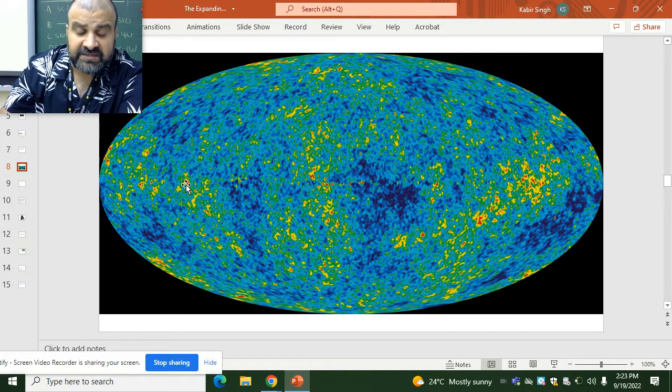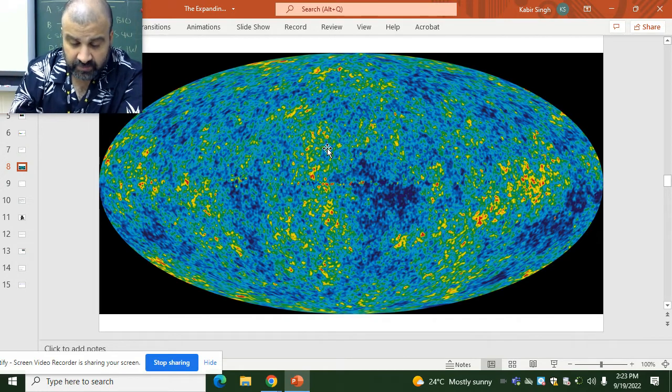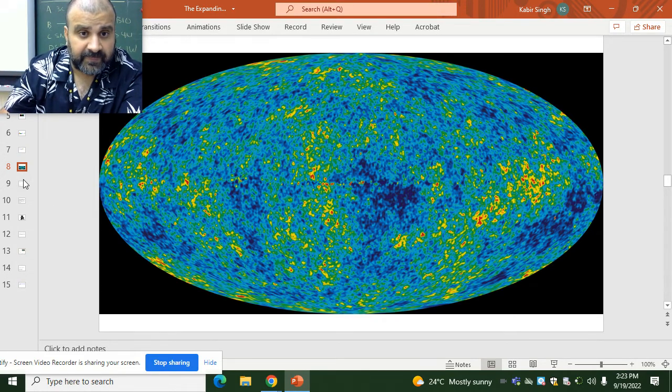The reddest spots being the hottest, the deep blue black being the coolest, but there is this non uniform radiation throughout our visible universe. This is the cosmic background radiation. This is what I mentioned before, some of that evidence.